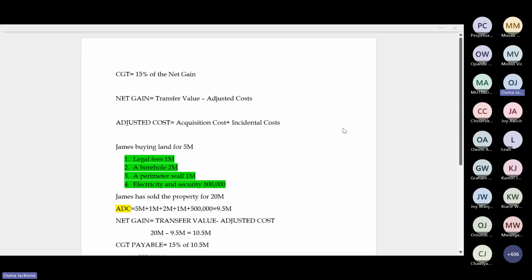Net gain being the transfer value minus the adjusted cost. The adjusted cost is the cost of acquisition plus the incidentals, and we have done that number there. So you can take a screenshot of that, or I can send that to the group, whichever is easier.